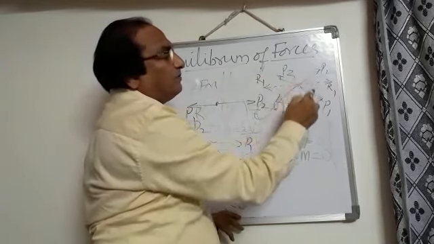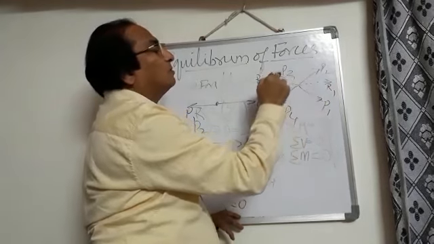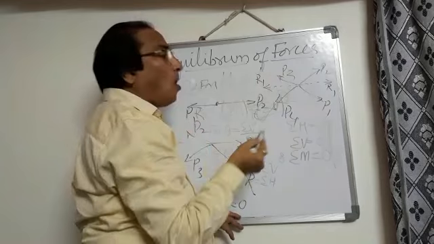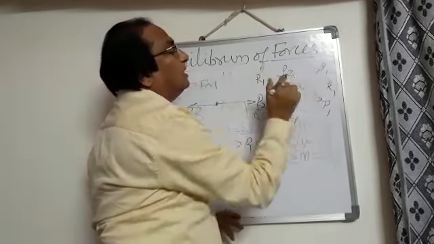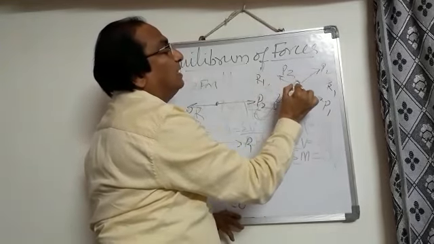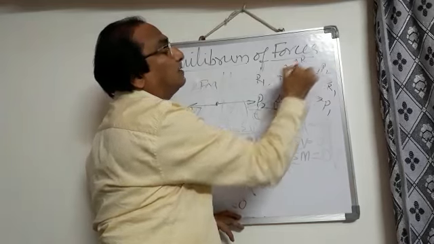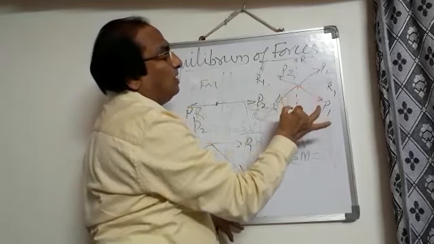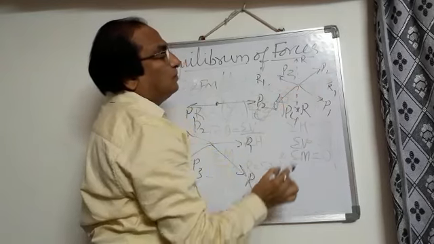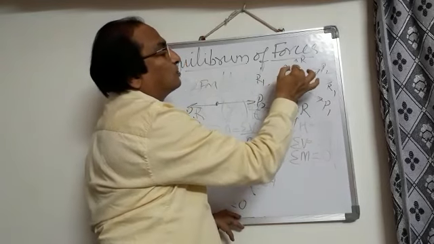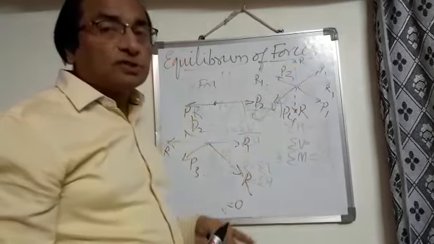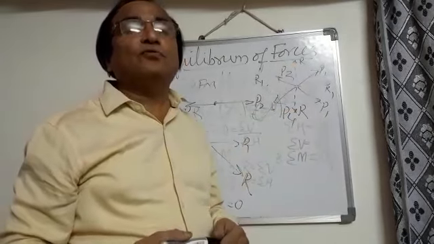So resultant of any two forces must be equal to the resultant of the other two forces in opposite direction. Or instead of these two forces, if I consider P1 and P3, if this is the resultant R, if I consider another two forces P1 and P4, if I find out the resultant of these two forces, resultant of any two forces must be equal and opposite to the resultant of the other two forces. These are known as the four force system.